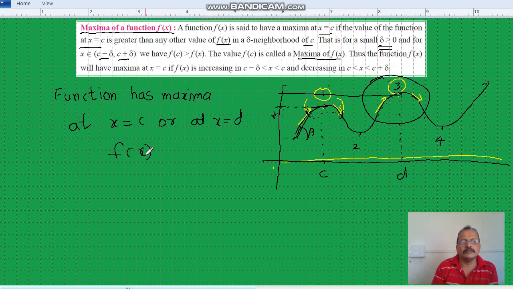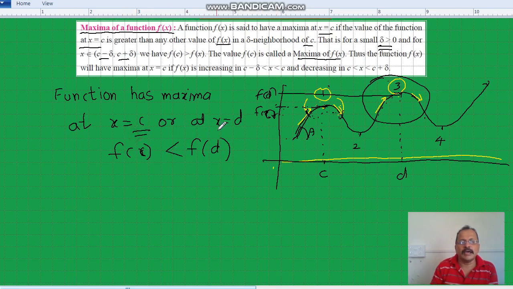For this particular function, f(c) is this value of y and f(d) is this value of y. So the bottom value is smaller than the upper value, so f(c) is smaller than f(d).